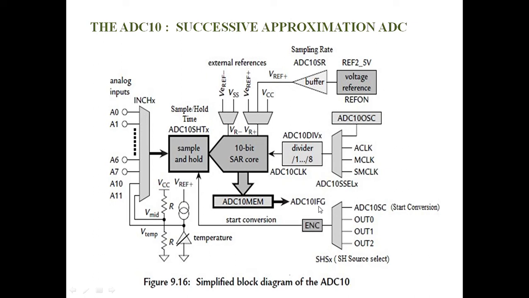Like that, this analog to digital converter converts analog inputs into digital values and stores them in the memory without involving the CPU by using DTC. Whenever it is not used, it goes to the low power mode to save power consumption.